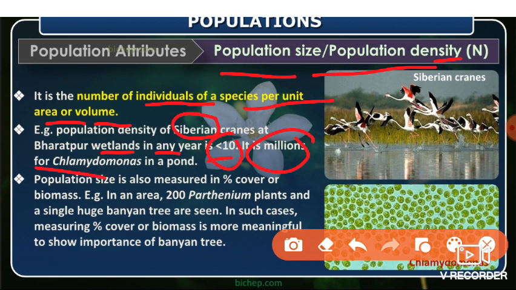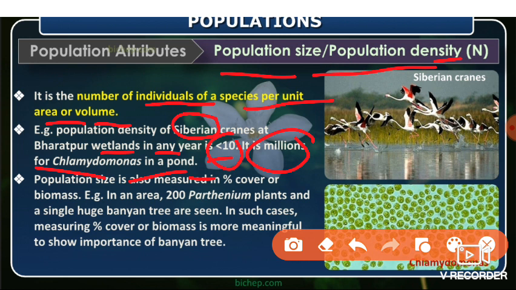You can take the example of Chlamydomonas in a pond. Chlamydomonas species are millions in number in a pond. That also we can consider as the density of that particular organism. And when you take the density of those Siberian cranes, they are fewer than 10. In that case also we can take the population density.